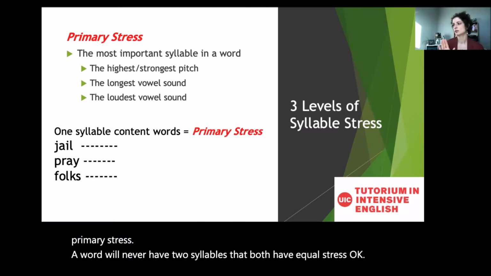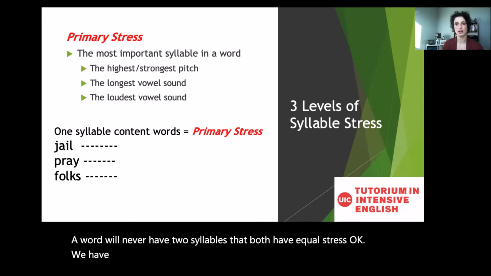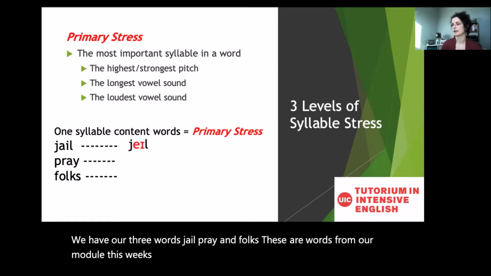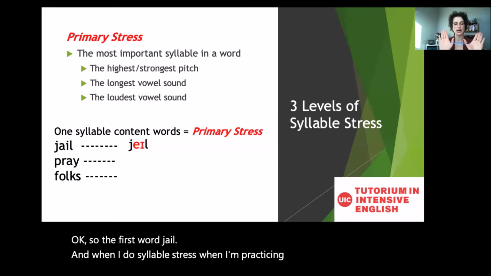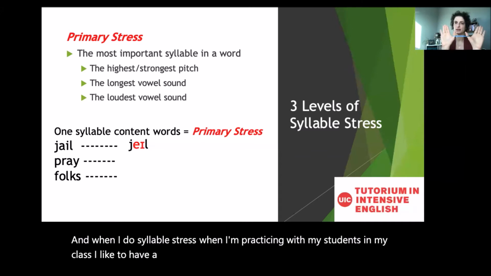So we have our three words, jail, pray, and folks. These are words from this week's module. Okay, so the first word, jail. And when I do syllable stress, when I'm practicing with my students in my class, I like to have a rubber band or something that can help them visualize the stress, right?